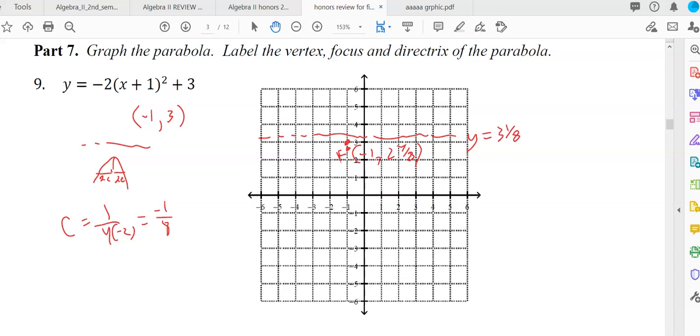So a total of 4c for the focal diameter. So if I go twice times negative 1/8, so that'd be 2/16. No, let's see. Yeah, 2 times 1/8 is 2/8, which is 1/4. So I go 1/4 to the right, 1/4 to the left, make my points, and draw my parabola.